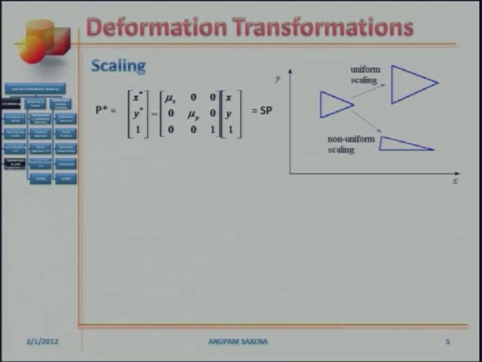Scaling will be the same in both orthogonal directions x and y. If, however, we set mu x and mu y to be of different values, then we'll have a case of non-uniform scaling.